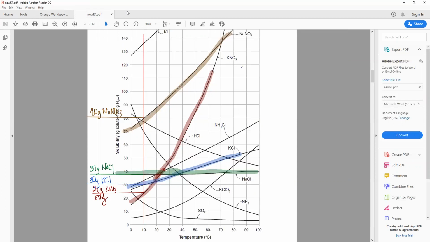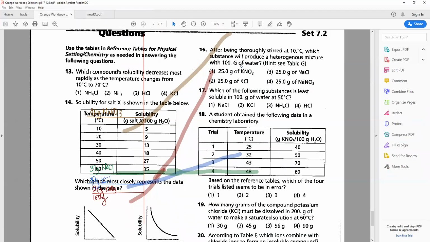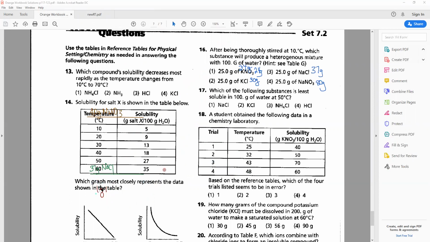Okay. So let's go back over here and let's write 24 grams of KNO3. KCl, we need 30 grams. It can dissolve 30 grams. NaCl, it can dissolve 37 grams. And NaNO3, it can dissolve 80 grams. Let's erase now.